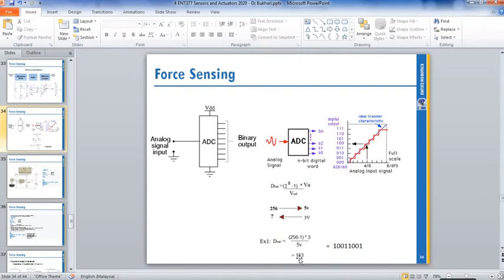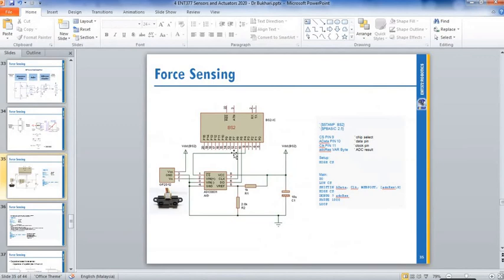Use your calculator to convert to binary, so you get 1001 1001. This is 8-bit binary: 1, 0, 0, 1, 1, 0, 0, 1. And then you connect to your microcontroller.